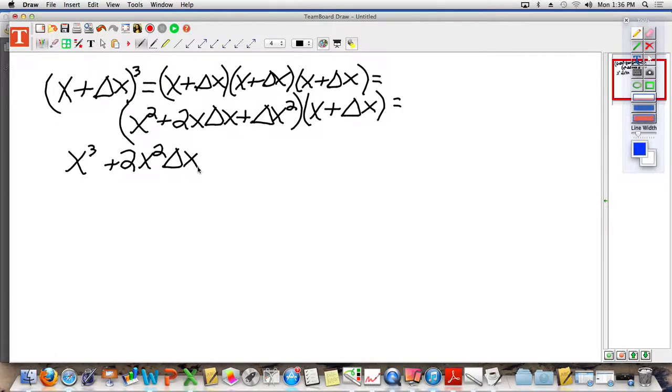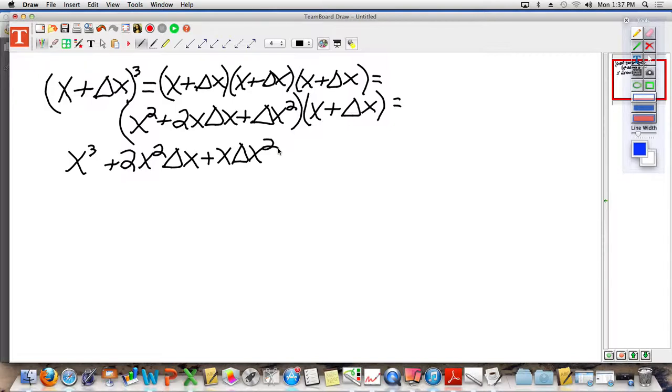You okay with that? So x times 2x is 2x squared, plus we still have that change in x there. And then we need to multiply x times the change in x squared. That does not mean it becomes x cubed. It is going to stay x change in x squared.